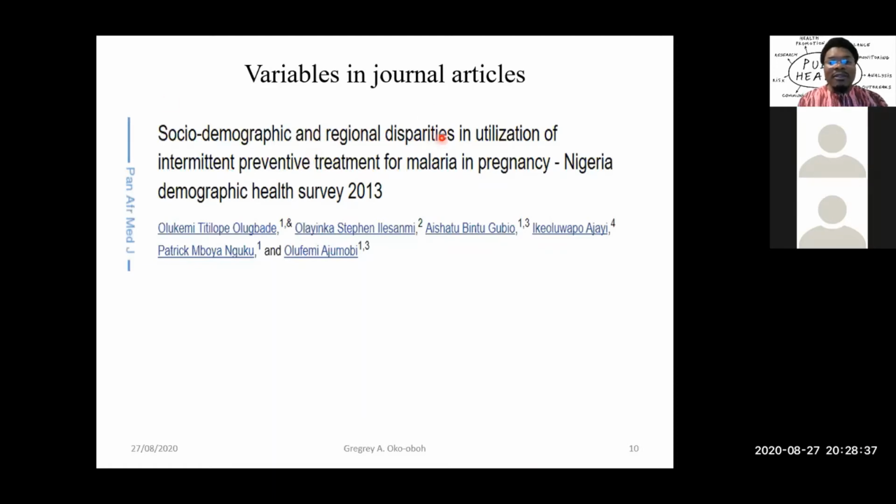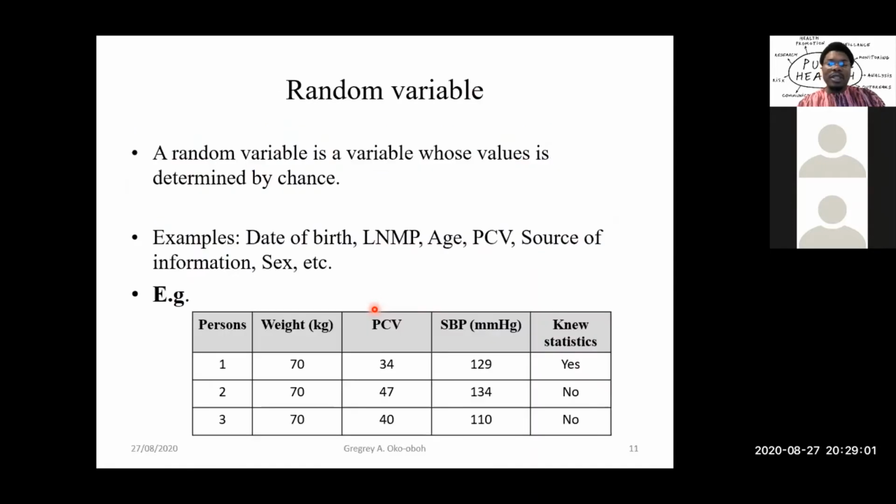These are the independent variables that will determine or influence the utilization of intermittent preventive treatment for malaria in pregnancy. So just looking at a title, you should be able to bring out the dependent or outcome variable and the independent or exposure variables. So that is key, and that is very important that we appreciate here.